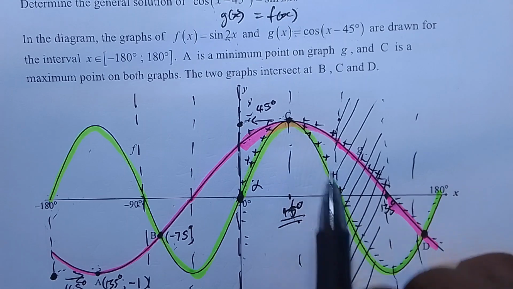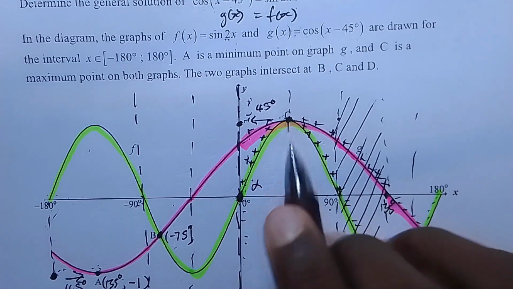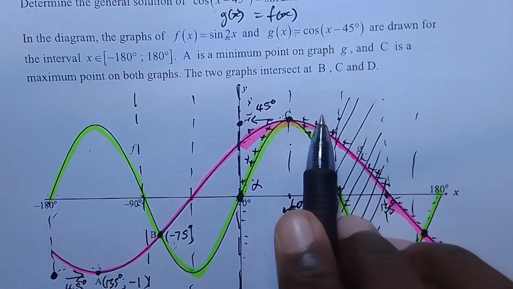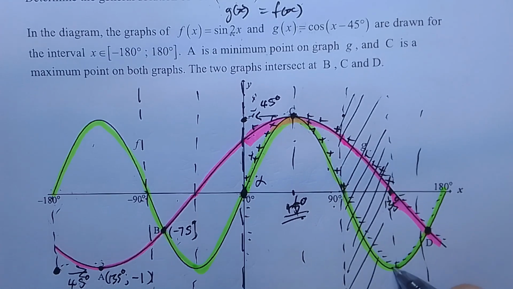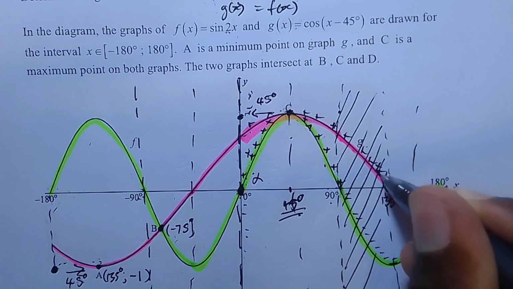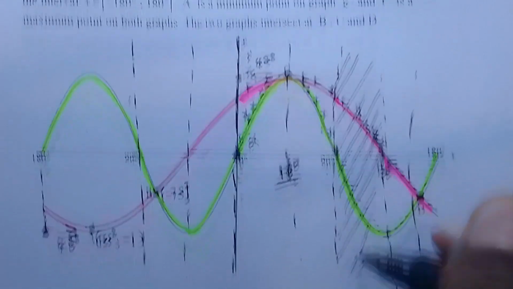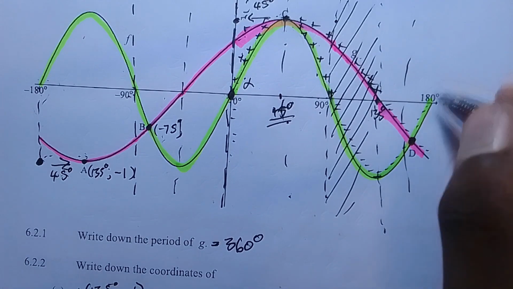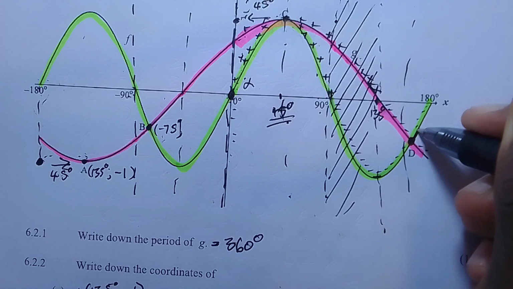Because once you come to this side again, you see that we want f to be above, but f is still below, so you don't include this. F is still below, and g is above, up until this intersection. At this intersection, f starts to be above.